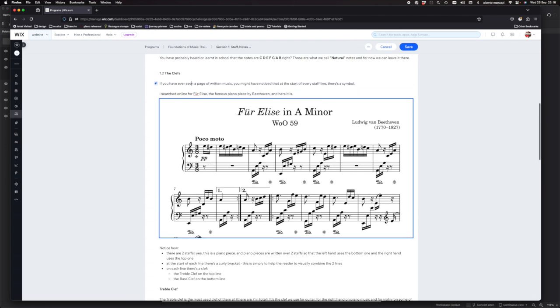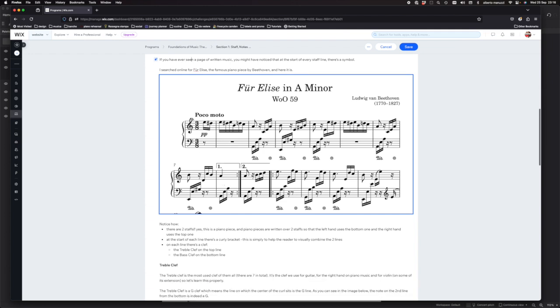On the top staff, that's the right hand, and a bass clef is on the lower staff, which is for the left hand. So the right hand and left hand read using different clefs on the piano. That's quite amazing.